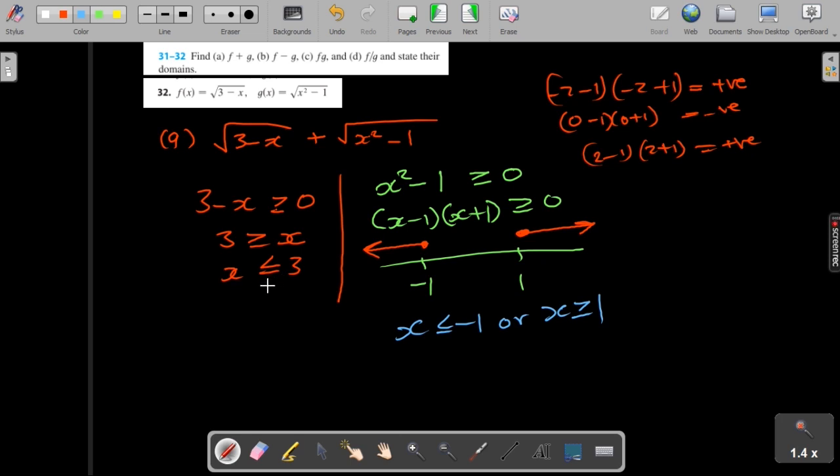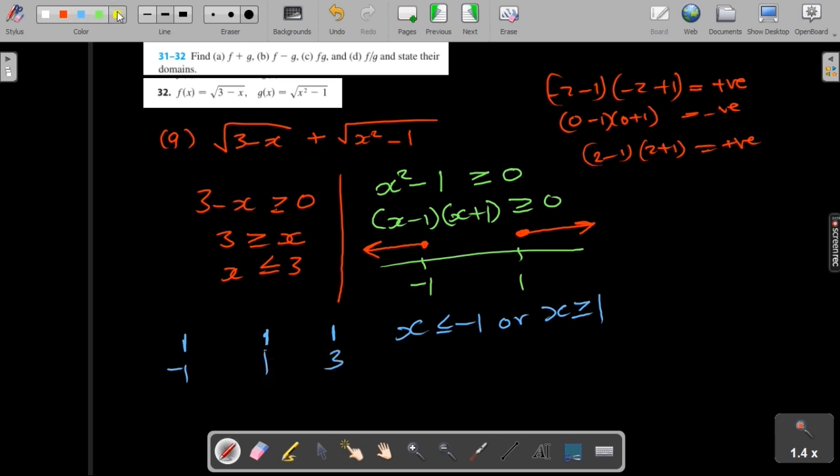This one says less than 3, this one says less than minus 1. So 3 would be here, minus 1 would be all the way there. Then we also have a 1 over there. All right, so let's see what happens. So the 3 would be here actually, and the 1 would be somewhere there. Okay, so let's fix that. Our 3 will be here and the 1 will be here.